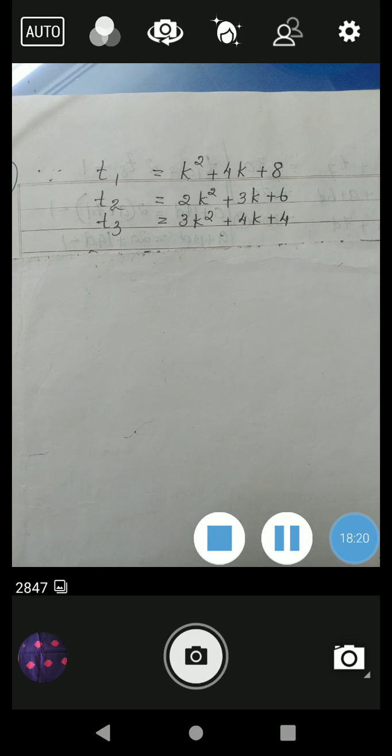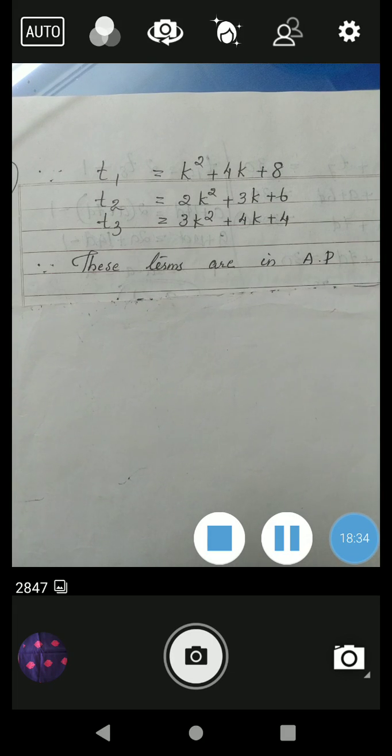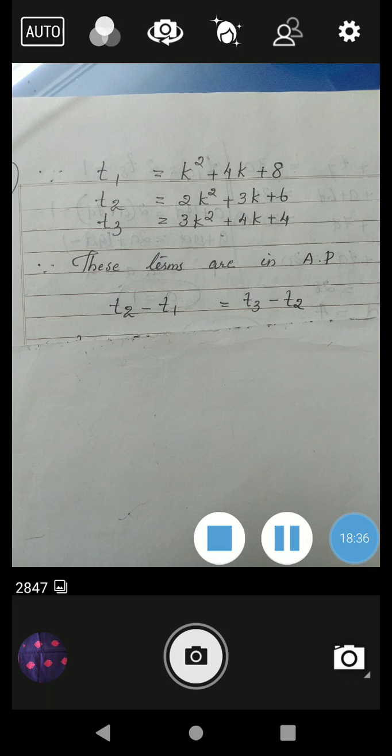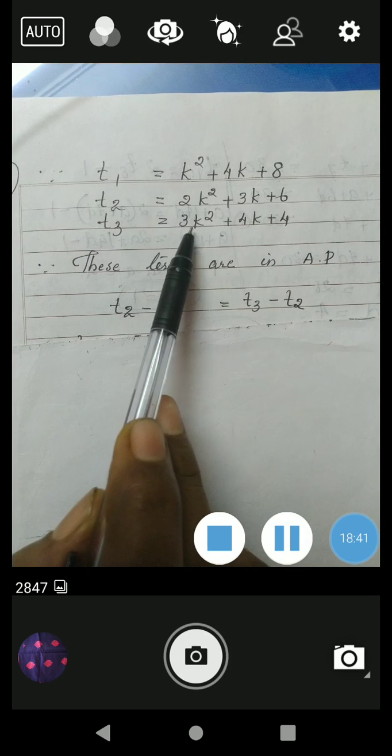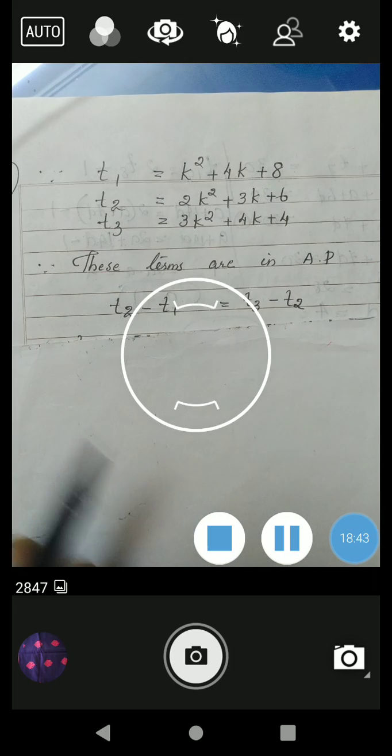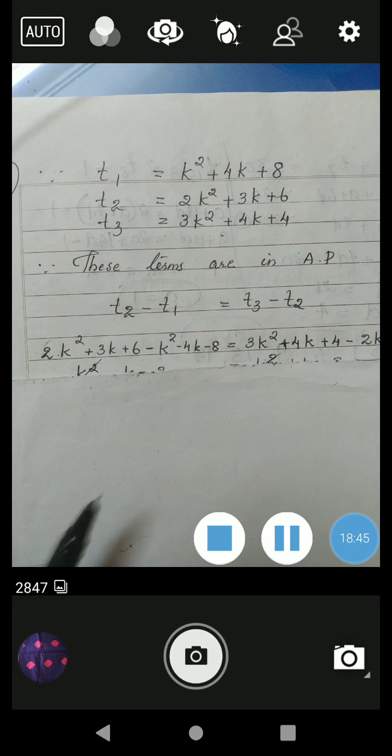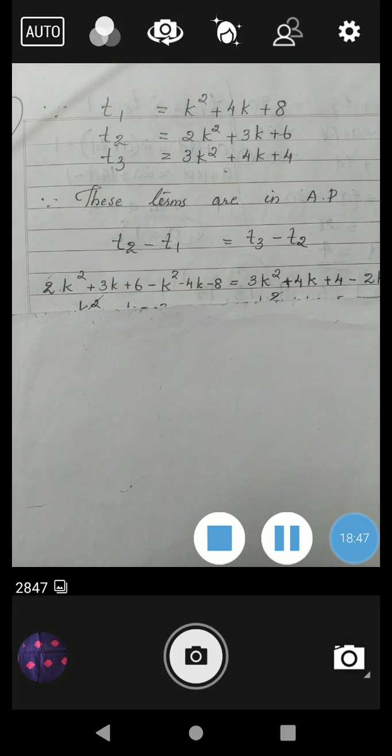We know one property, that if three or more terms are in AP, then T2 minus T1 is equal to T3 minus T2. Just apply that. Just write these values and simplify.